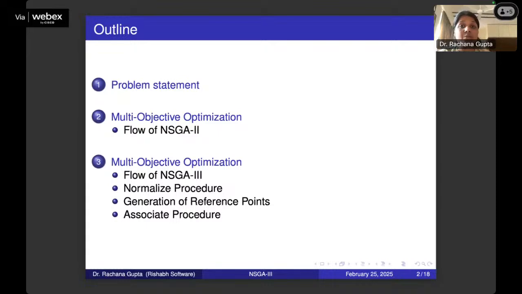In NSGA2, we were solving multi-objective optimization problems. As a reminder, we will understand what it was, and then what is in NSGA3, a many objective optimization algorithm, visualized in a multi-objective space. There are only 2 or 3 main steps, normalization and association, for which we need to design some reference points. We will discuss all this in detail, but briefly, in this 1 hour.